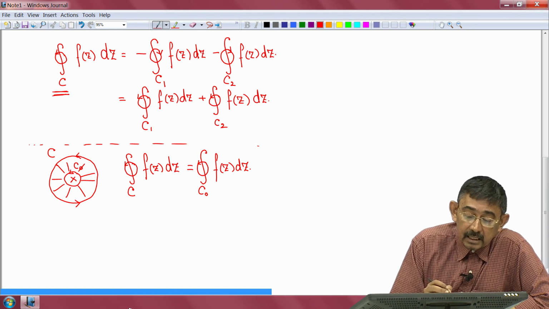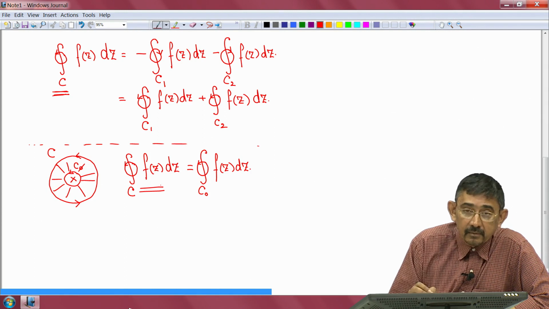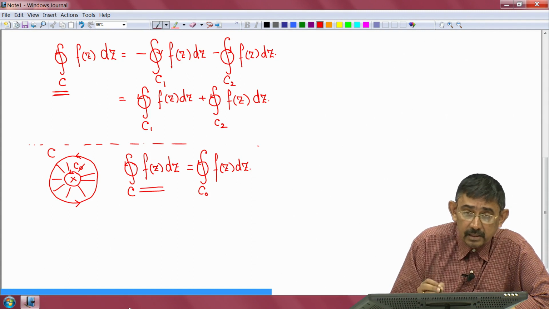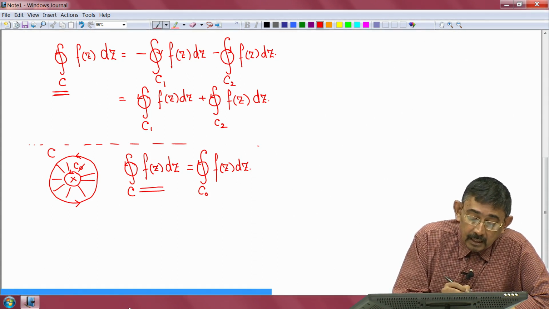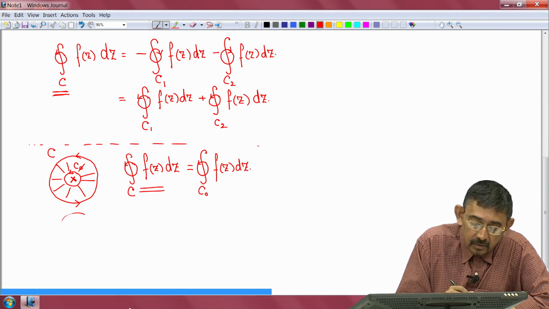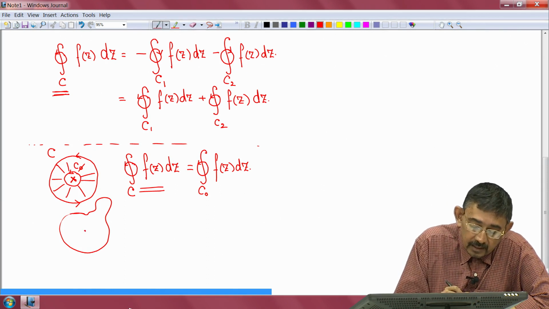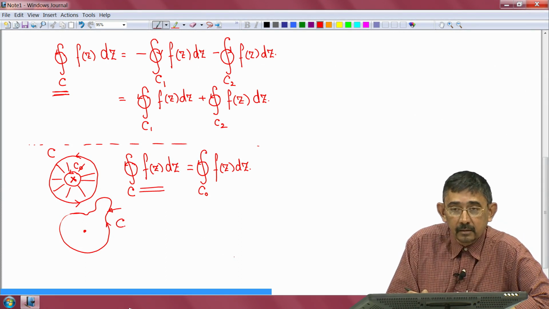What it implies is that suppose I have an integration to be done of this form on a closed contour, and perhaps the contour is somewhat inconvenient, and I have a singularity inside somewhere. Okay, I have a singularity. Suppose this is a situation, some contour that has an odd shape, and I have a singularity inside, and I am supposed to do the contour integral on C. Okay.